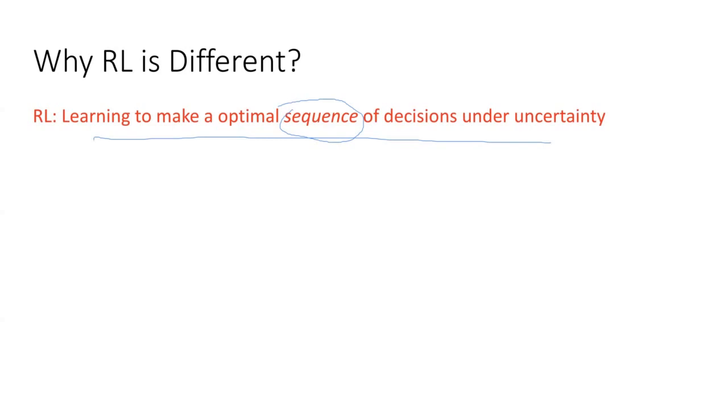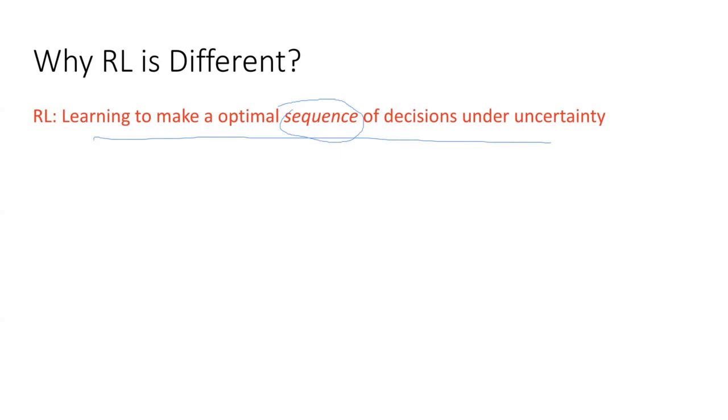In supervised learning and unsupervised learning, this idea of a sequence of decisions is absent. Think about designing a neural network based classifier, and then you are giving testing data one after the other. The first test data is an image of a cat, and the neural network tells you that that's an image of a cat. The second data point is an image of a dog, and the neural network will tell you that it is an image of a dog.